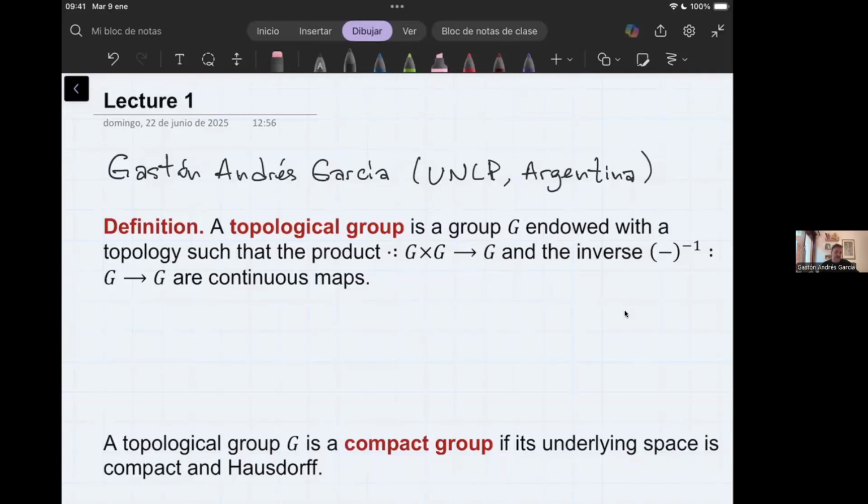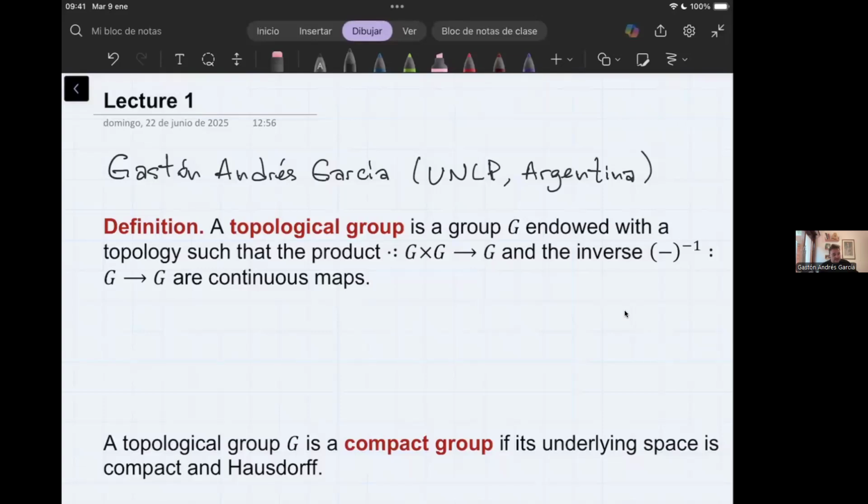The multiplication has to be associative, and the inverse has to satisfy the axioms of an inverse. But if we're talking about a topological group, the first thing that we need is that the set is a topological set. So the set is endowed with a topology. Any topology, okay? And we're going to see some examples about that.